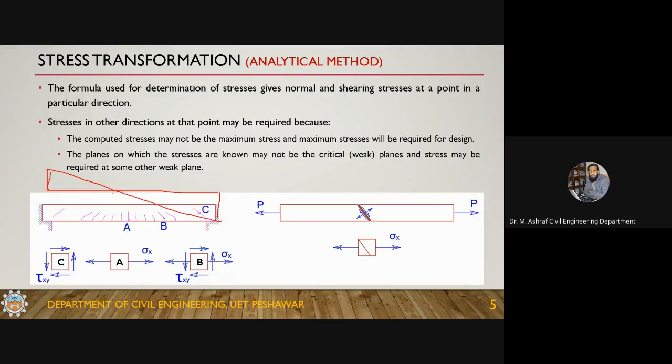This is the shear force diagram. This is the midpoint.